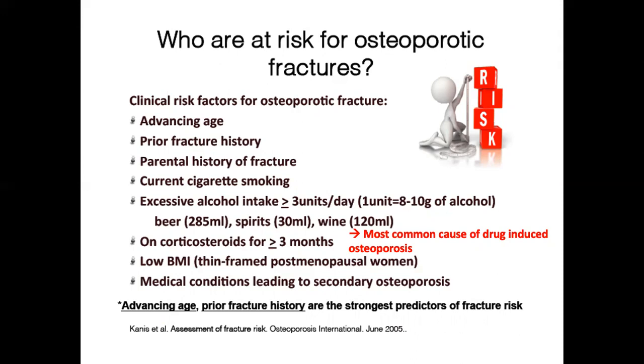It would be sad if a patient already had an osteoporotic fracture and we are unable to prevent the second fracture, because we've already identified the patient as having high risk for another osteoporotic fracture.